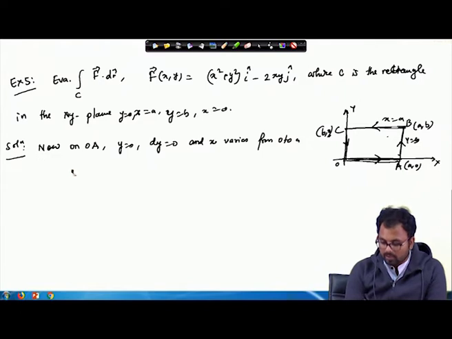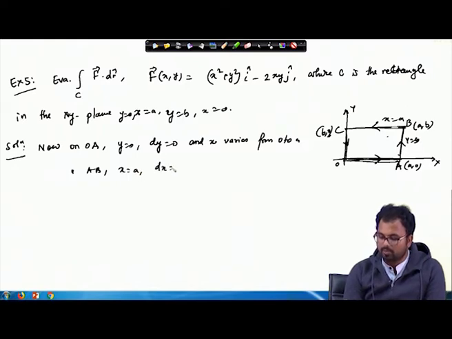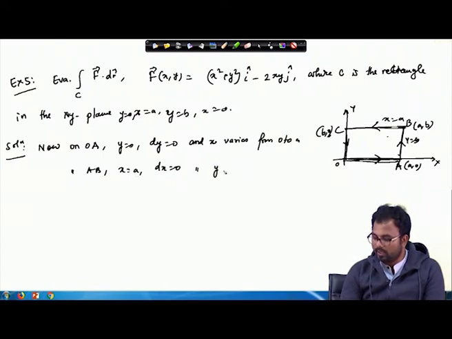Now, on AB our x is a and therefore dx is 0 because x is constant, and y varies from 0 to b.